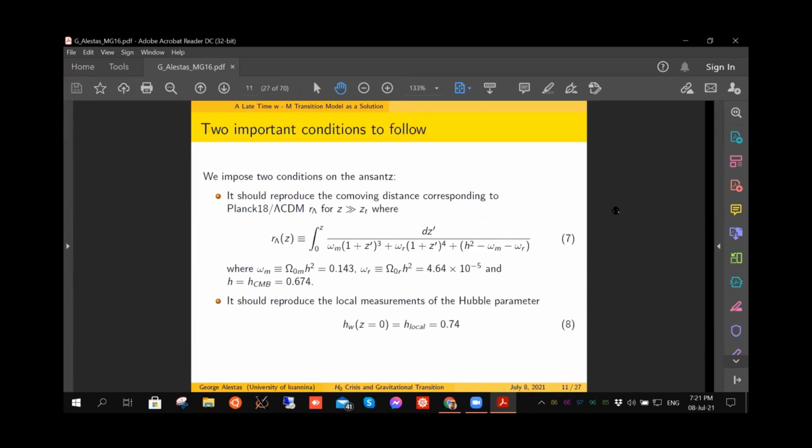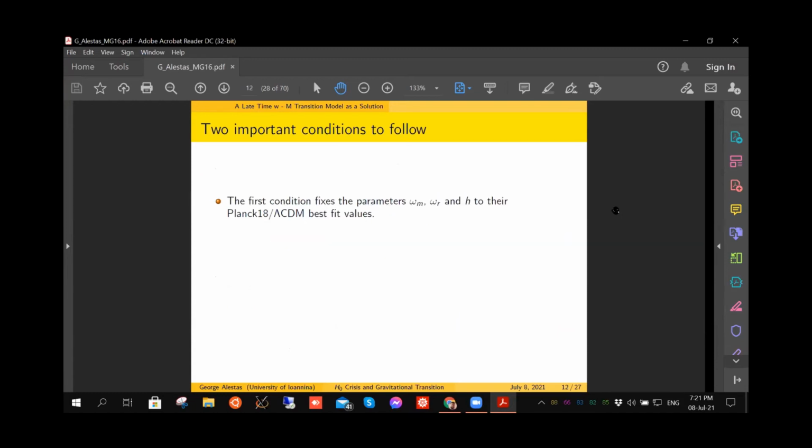We impose two conditions on the ensembles. The first is that it should reproduce the comoving distance corresponding to the Planck-Lambda CDM for z larger than z_T, as shown in equation 7. And the second is that it should reproduce the local measurement of the Hubble parameter, as shown in relation 8.